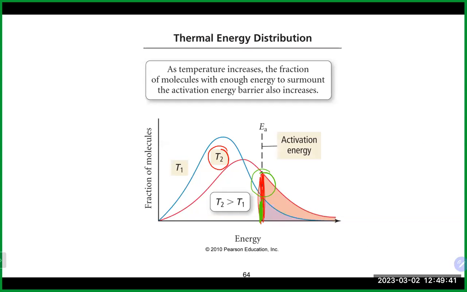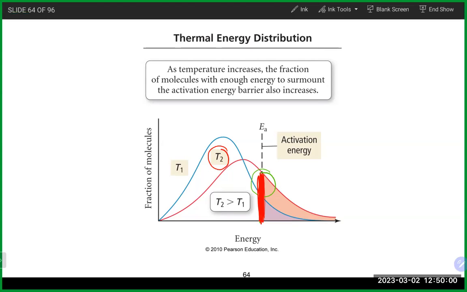So here's a graph that demonstrates that idea of raising the temperature. At the second temperature, which is the red line there, there are many more molecules that have enough energy to get to the other side.